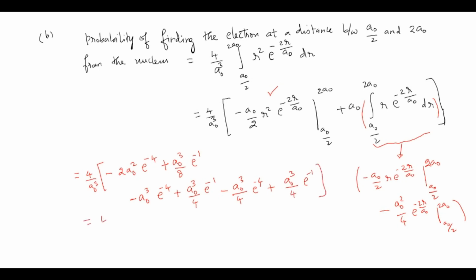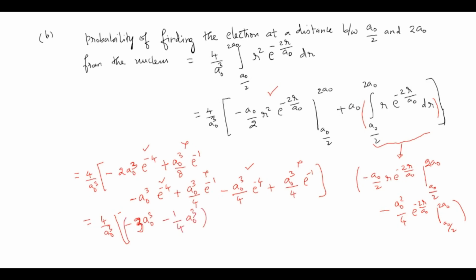So let us simplify this. There are two terms, coefficient of e power minus 4, so we can group it separately. Coefficient of e power minus 1, we can group it separately. So let us now start with e power minus 4. So this is a naught cube, therefore this is minus 2 a naught cube, and that is minus a naught cube, so minus 3 a naught cube, and that is minus 1 by 4 a naught cube.